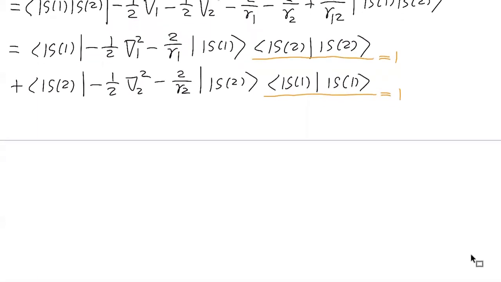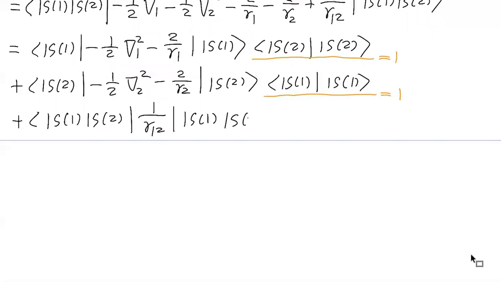Now, the third term, of course, you cannot separate 1s1 and 1s2, because now this first electron and second electron are connected by 1 over R12. Right? This is the distance between the first electron and second electron. This is not a separate term.